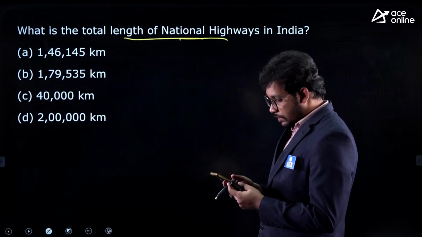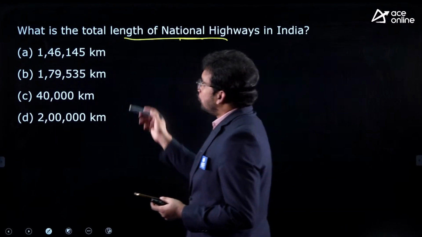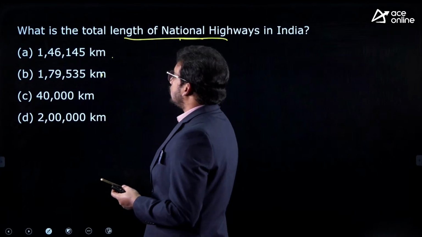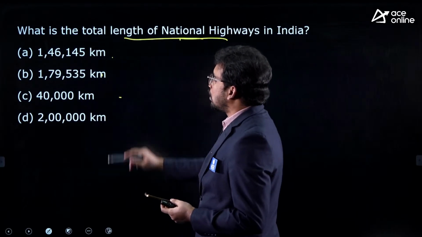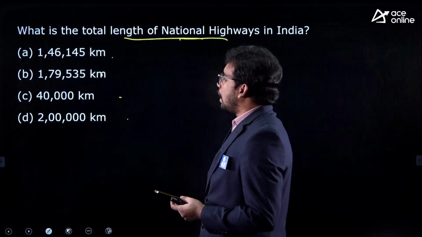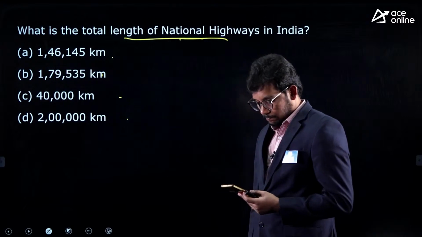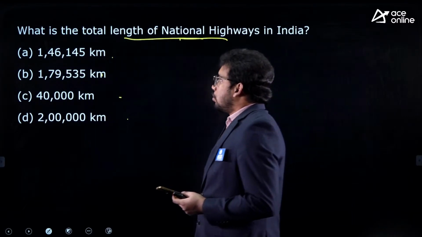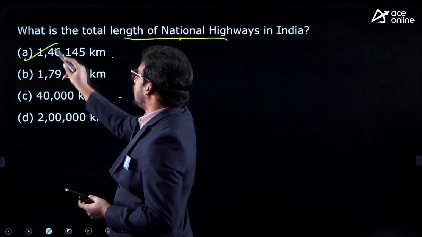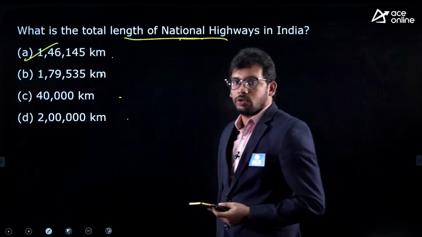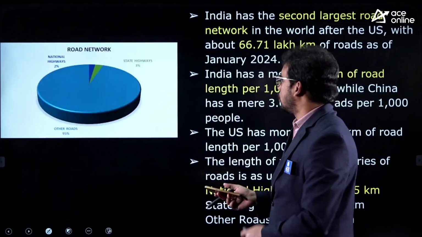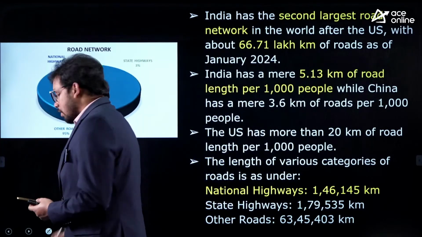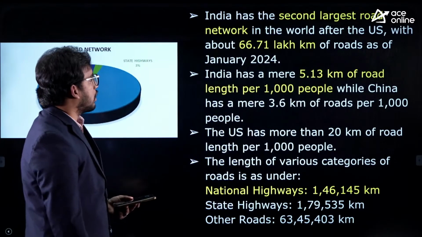So what is the answer? 1,46,145 kilometers, 1,79,535 kilometers, 40,000 kilometers, 2 lakh kilometers. So the total length of national highways is 1,46,145 kilometers. This is the recent data I have collected directly from the Ministry of Road Transport.